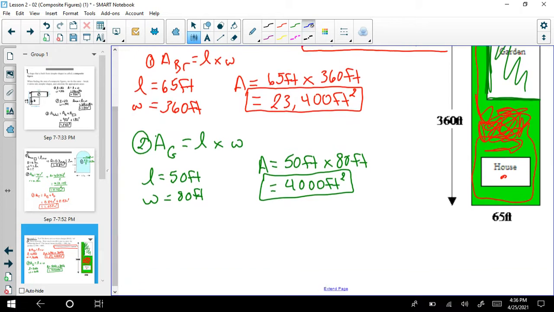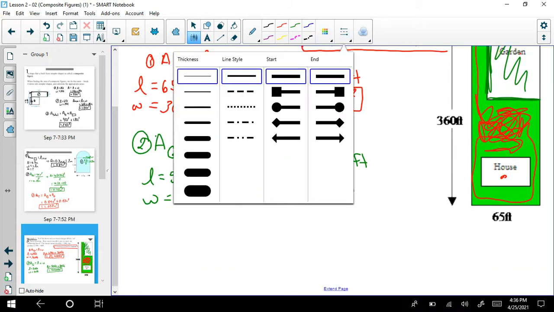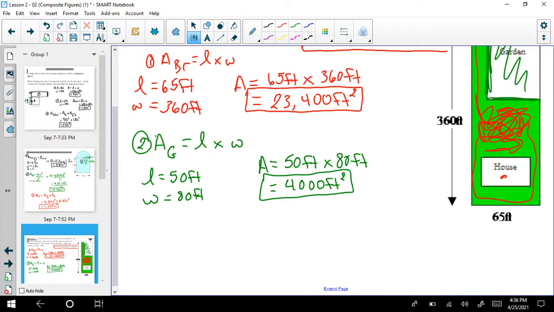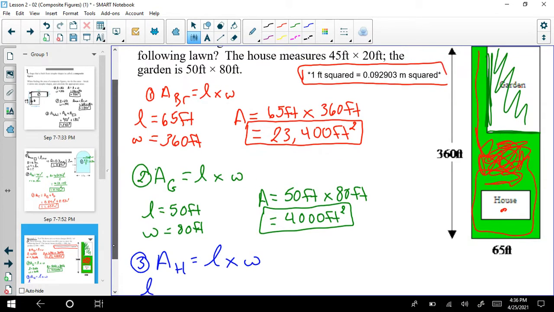Okay, so the area of my house, it's also still a rectangle, so I get to use the same thing. So the area of my house equals my length times my width, right? And my length of the house, let's scroll back up and take a look.